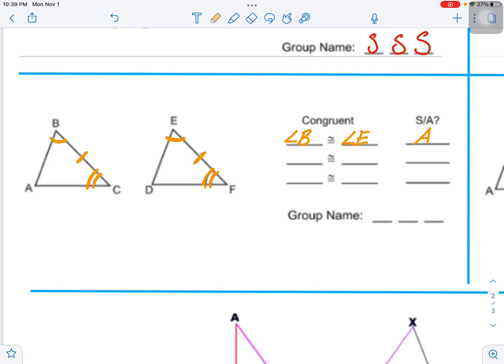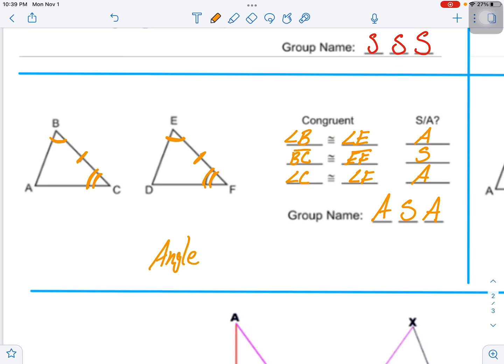Next we have our sides. Those two sides are congruent, so side BC is congruent to side EF. That's a side. Finally, angle C is congruent to angle F, and that's also an angle. So that's angle, side, angle.